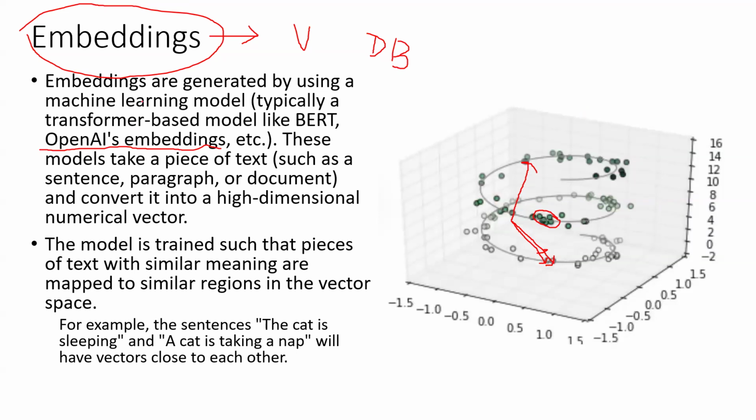Getting? But this vector database has a special thing that if, let's say for these embeddings, I fire a query and I say what the cat is doing, and I convert my question also into a vector, and if I do a search, it will give me these two vectors as my response.